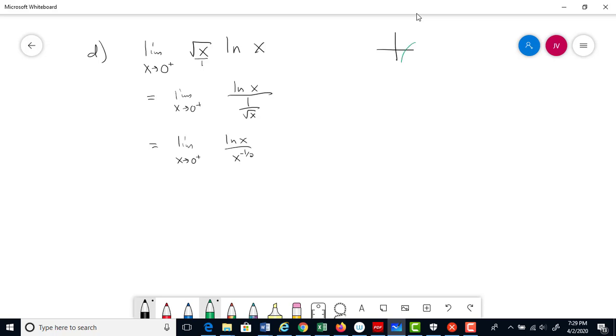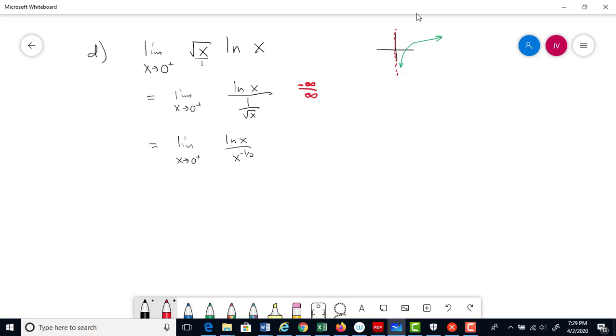I just want to make sure it's still in indeterminate form. It's asymptotic at 0, so it has an asymptote here. If I'm going to 0 plus, the natural log is going off into negative infinity, so that's negative infinity on top. Now the bottom, 1 over root x, is the same thing as 1 over 0, so this is over infinity.